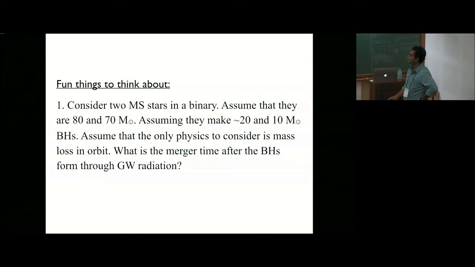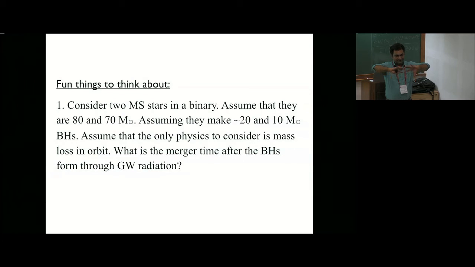So this is a fun problem. It's considered two main sequence stars in a binary. You can assume some high mass. You can assume some black hole mass. And the only thing you need to remember is they must be more separated than their radii. Okay?